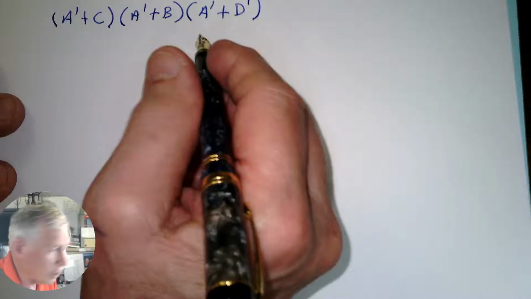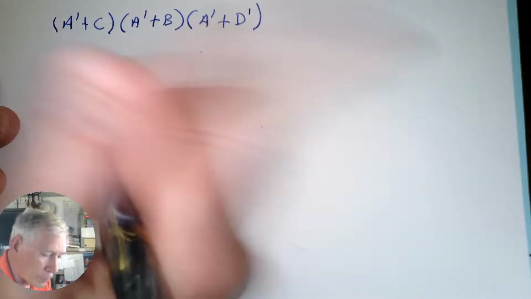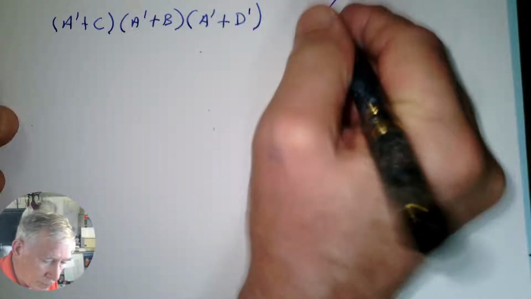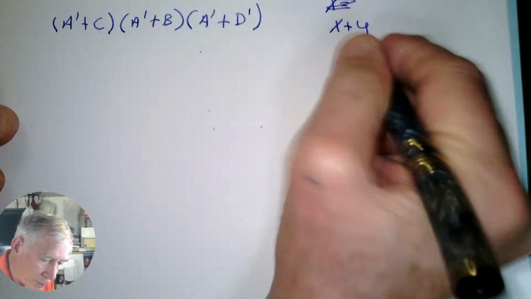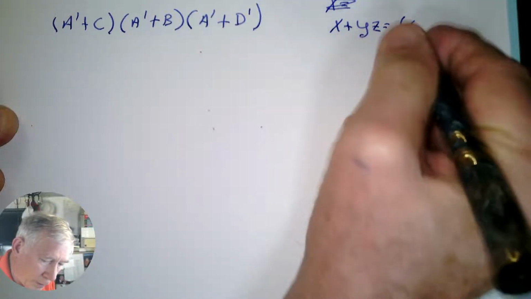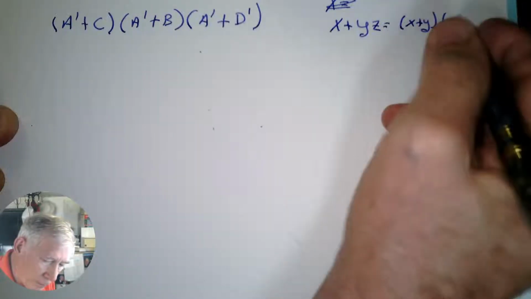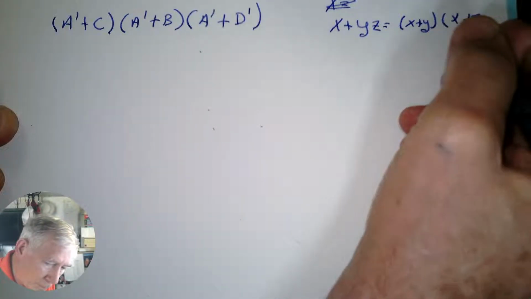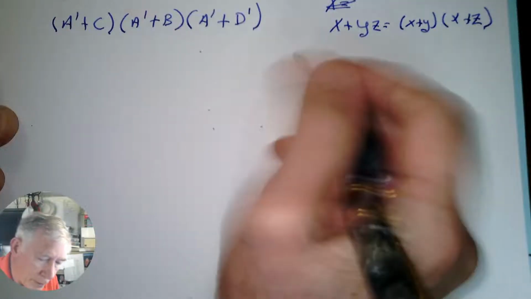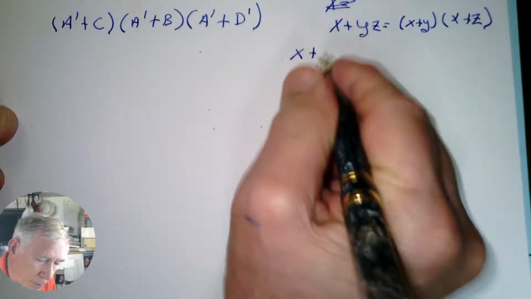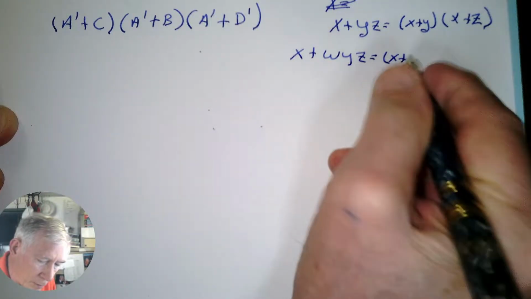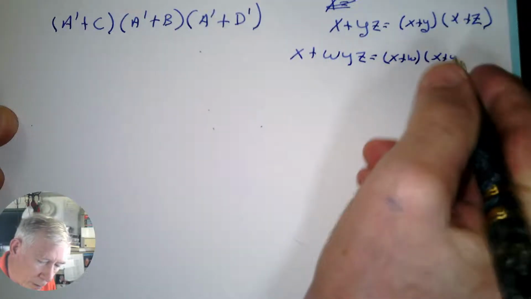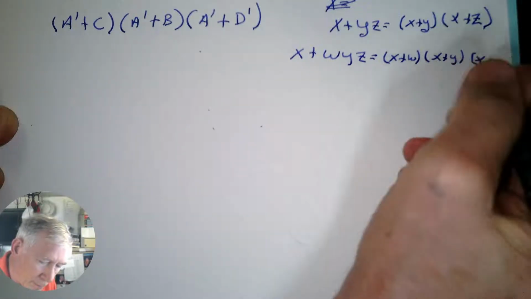Now, I'm going to use what I call a corollary to the second distributive law. The second distributive law is just x plus yz equals the quantity x plus y times the quantity x plus z. But a corollary to that is x plus wyz equals x plus w times x plus y times x plus z.